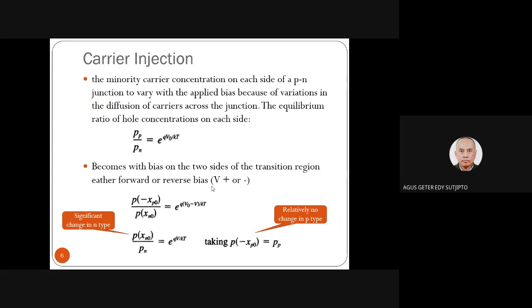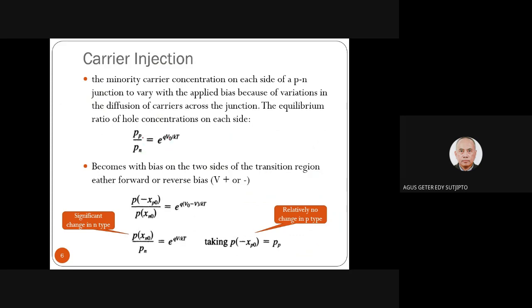Carrier injection is very important in order to understand whether the PN junction will allow the flow of electrons or holes by applying a voltage. Initially we have the equilibrium ratio of hole concentration on each side: the hole concentration in the P region and the hole concentration in the N region at equilibrium.